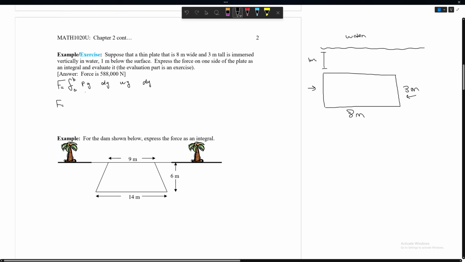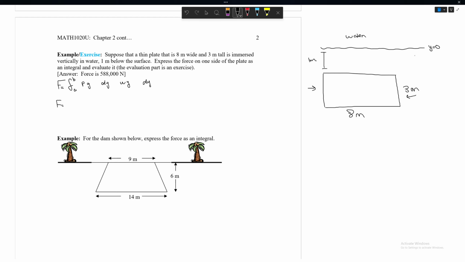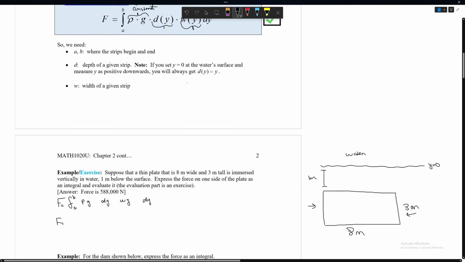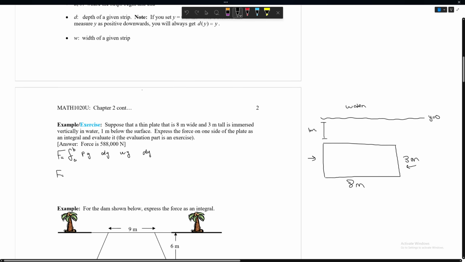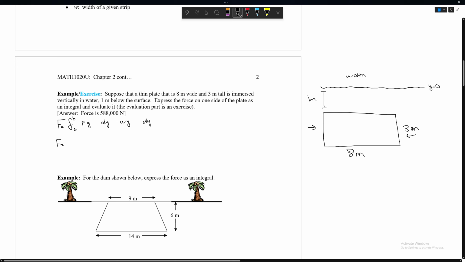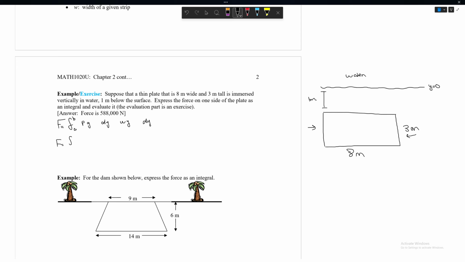Now always make your water level y equals 0. It makes your life a lot easier, okay? And so what it says here is where the strip begins and ends. It begins at y equals 1, so we go 1 deep, then it begins. It goes all the way to, since this is 3 meters tall, plus this 1, it goes all the way up to 4. My p and g constants, and this is given in meters, so my p is 1,000, my g is 9.8. My dy is just a function of y.